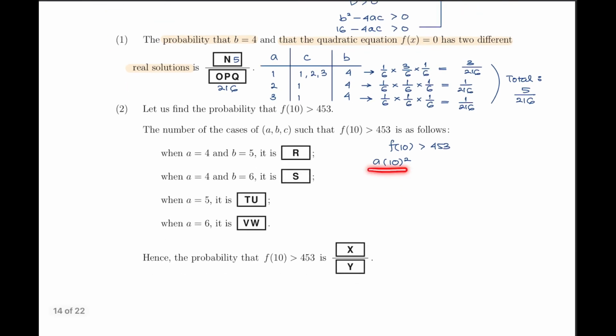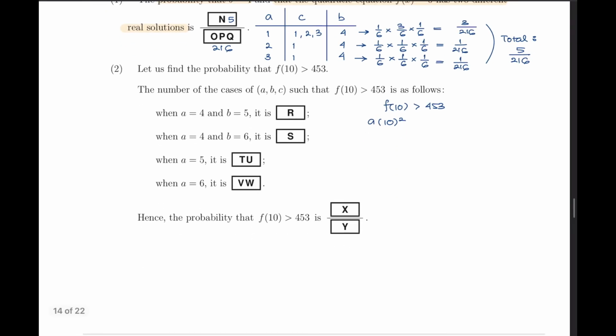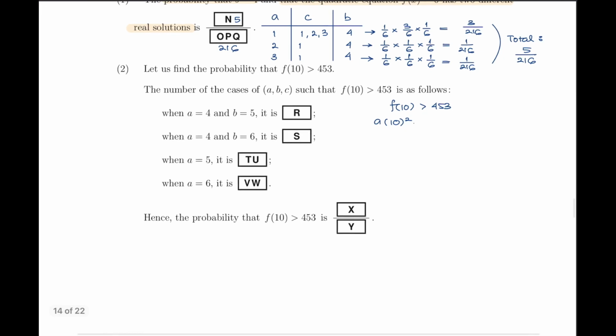So f of 10 is a times 10 squared plus b times 10 plus c, greater than 453. 10 squared is 100. 100 times a is 100a plus 10b plus c greater than 453.